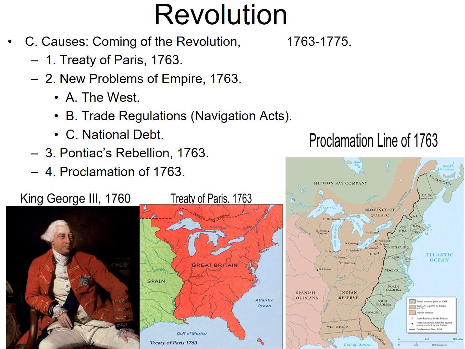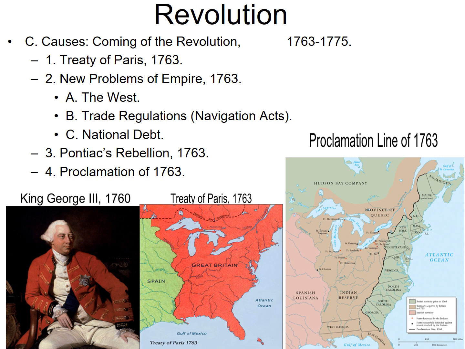So with the end of the French and Indian War, the British become the dominant nation on earth. It's an absolutely huge victory for them. And the land they acquire is larger than Europe itself. So it's a total win for the British.